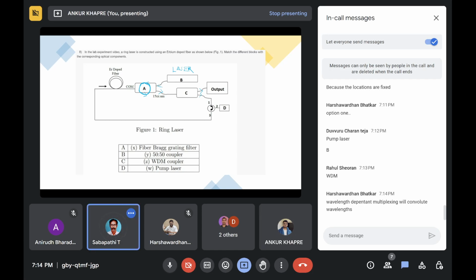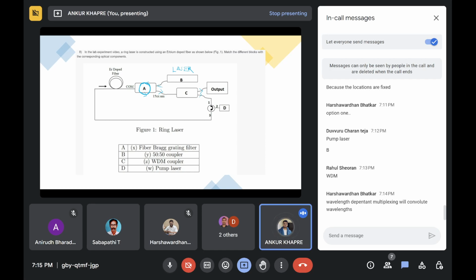Harshvardhan is telling something. Wavelength dependent multiplexing will convolute wavelengths. Is it WDM?